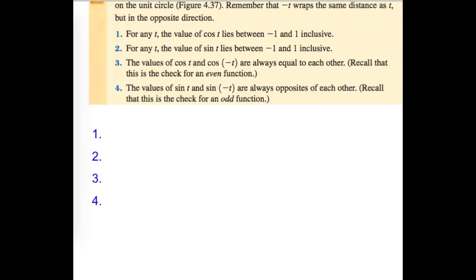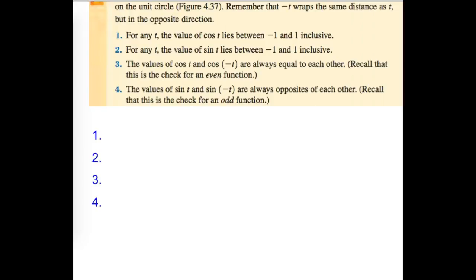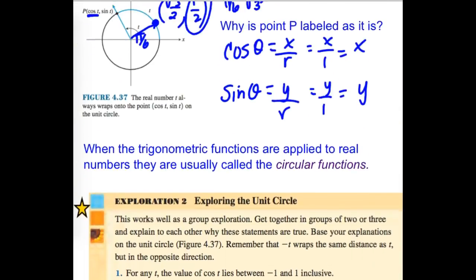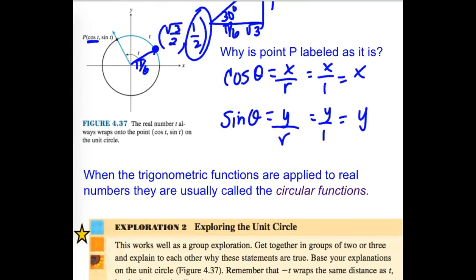For any value of t, the value of the cosine of t is going to lie somewhere between -1 and +1. Okay, so how I would reason through this, cosine is which variable? X. Cosine is x. So thinking back to a unit circle, okay, think about your x coordinates.